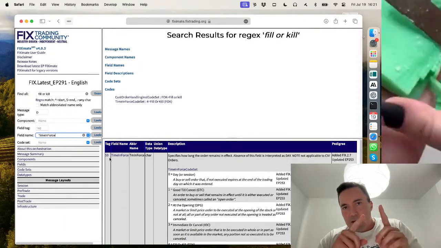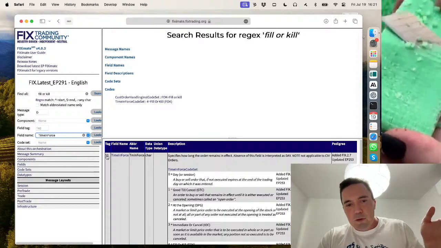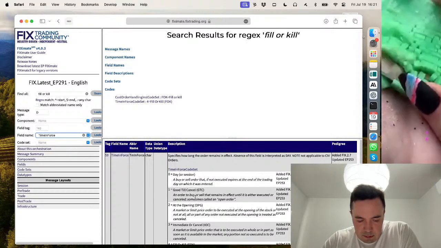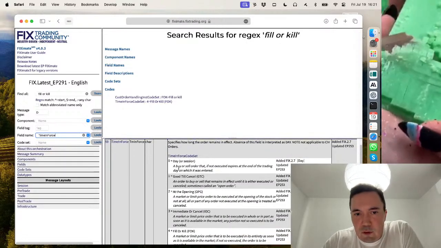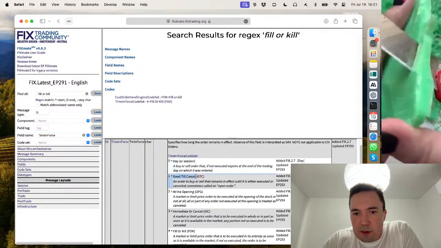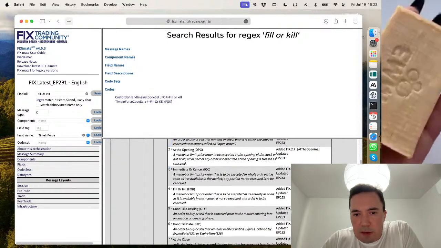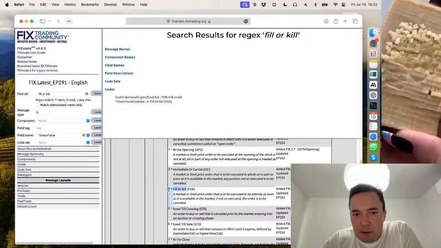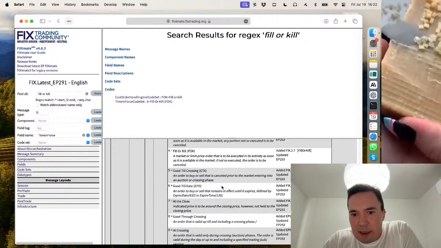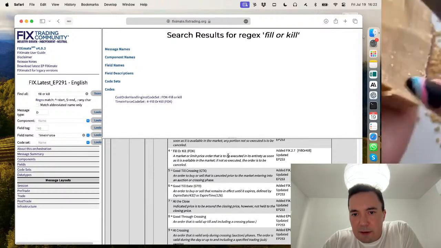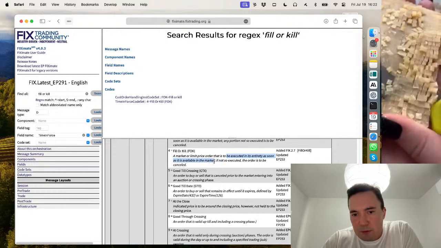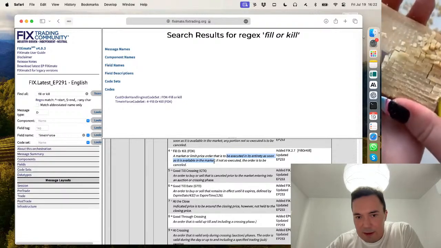So if you see a FIX message, you can look up the 59th tag, and you can see the expiration instructions for the order. So it could be the day order, it could be good till cancel, immediate or cancel, fill or kill. As you can see here in the standard, it says that the FOK should be executed in its entirety, right? So this one agrees that it's the all or nothing order.